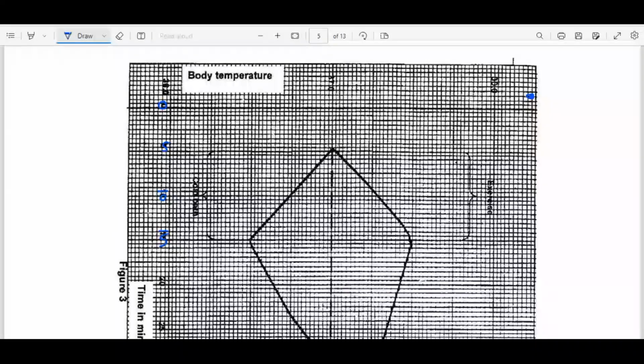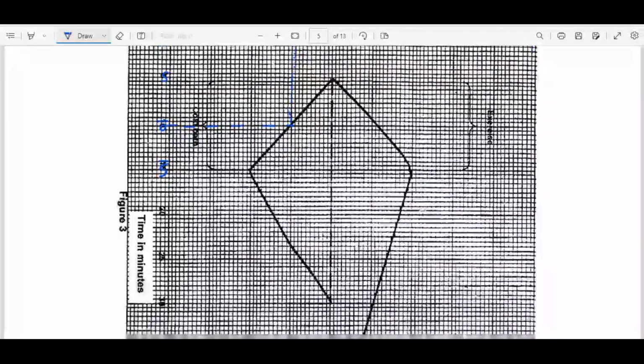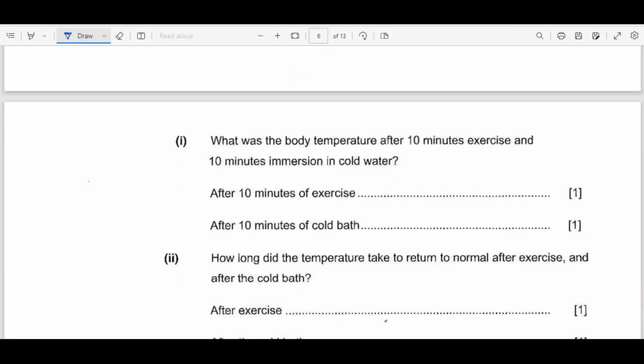So if we move to this point, this is about 37.5 degrees Celsius.